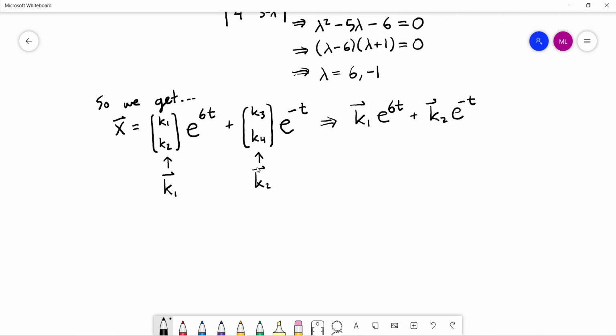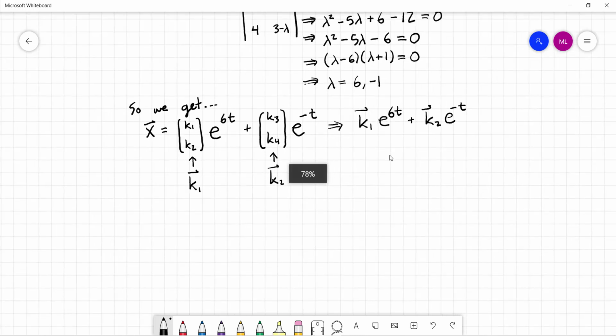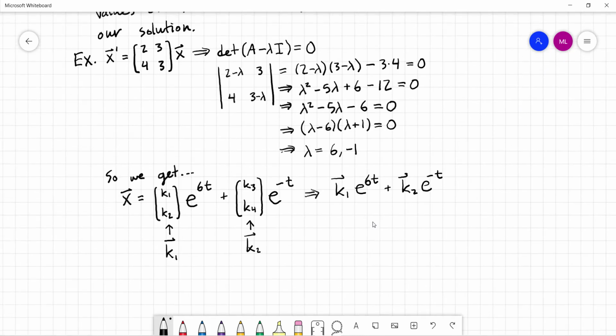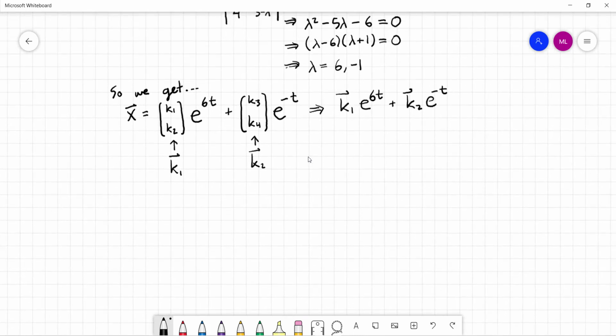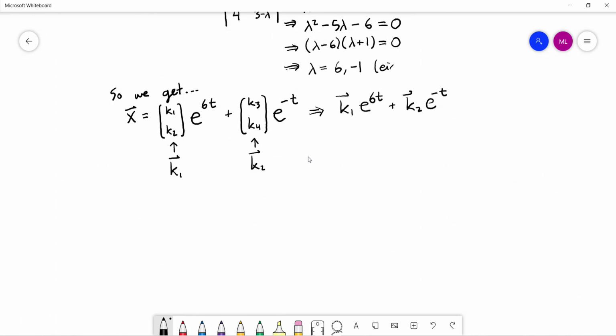We do need to figure out the values of these two vectors, though. We can't just do anything yet. They need to also help satisfy the original equation. And it turns out they are what we call the eigenvectors. So in this case, these are the eigenvalues, and these are what we're going to call the eigenvectors.